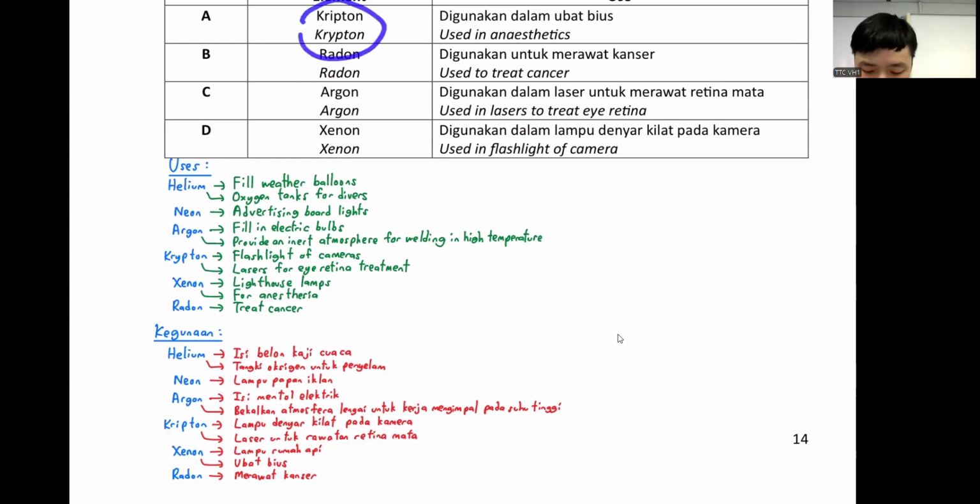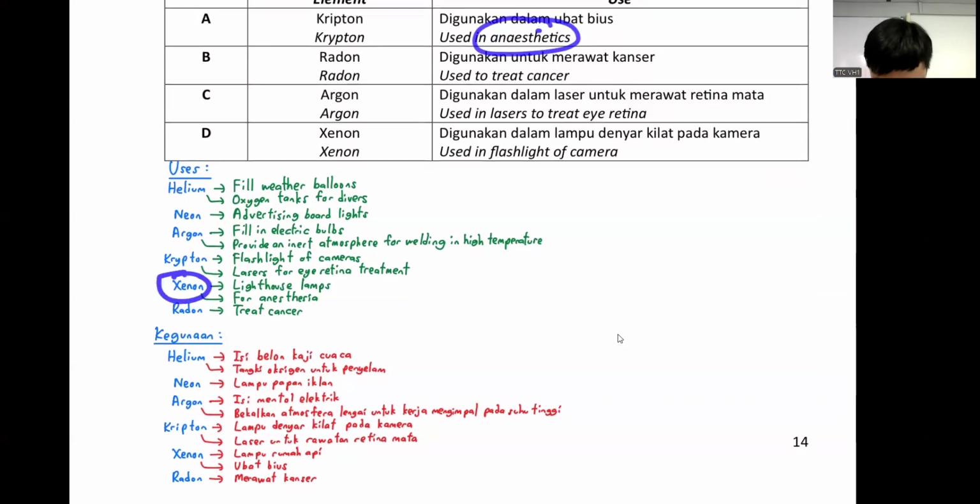So you see, A, krypton anesthetic, wrong. Anesthetic is xenon. B, used to treat cancer, correct. B is correct. C, argon used in lasers to treat eye retina, wrong.